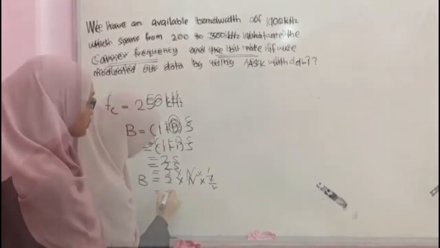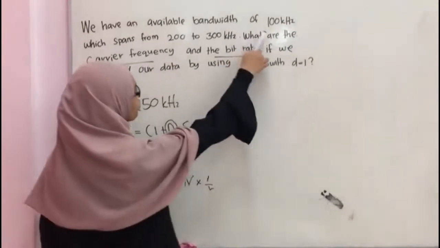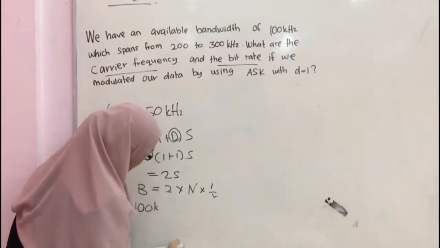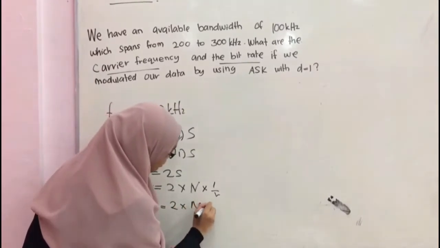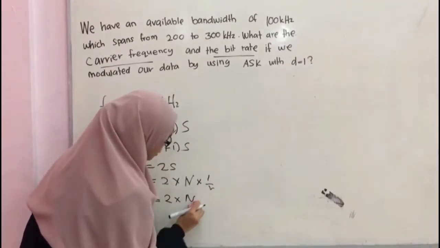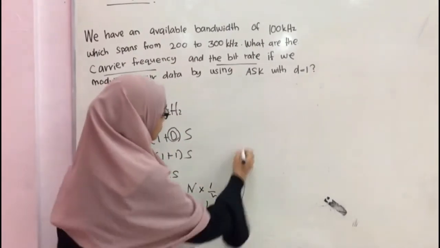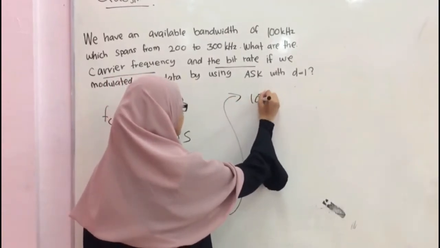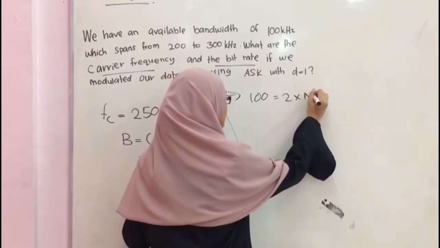We know r. The bandwidth we know is 100 kilohertz, so 100 equals 2 multiplied by S.